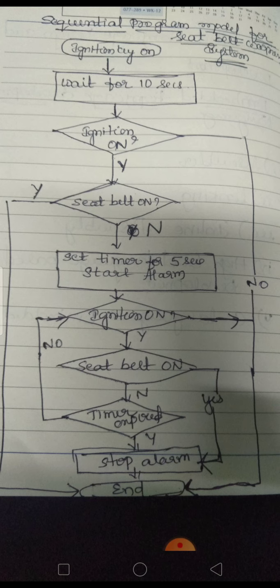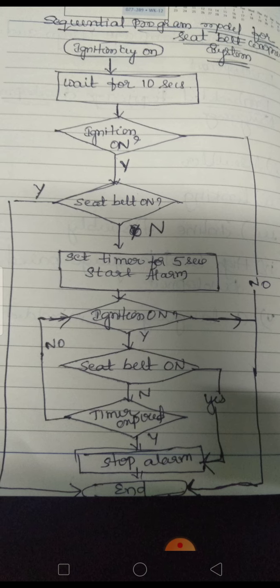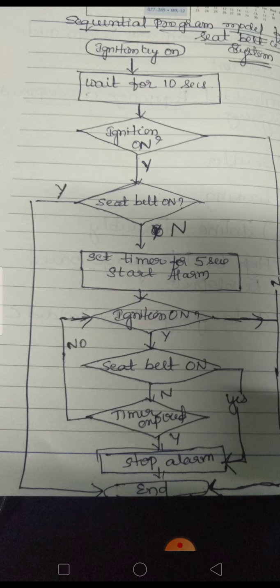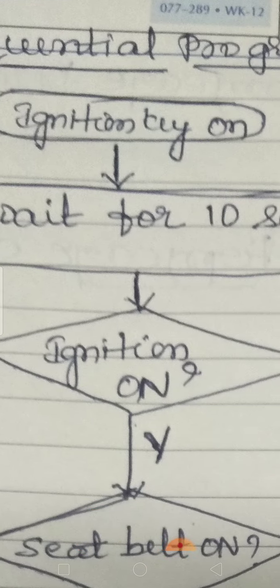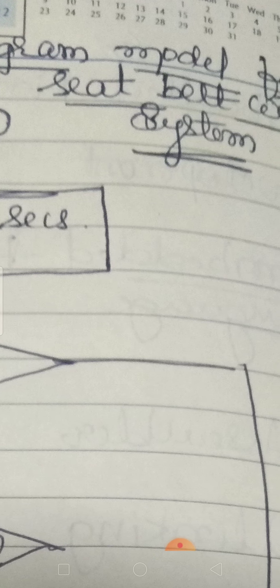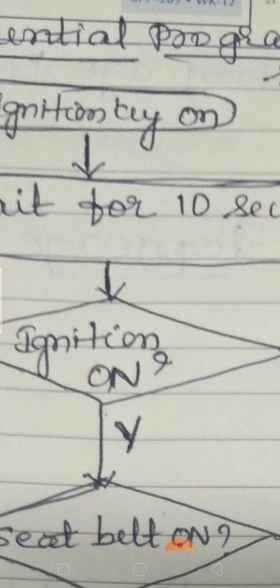Let us examine how we can implement the seat belt warning system in the concurrent processing model. In simple terms, this diagram represents the seat belt warning system in the concurrent processing model. First, ignition key is on. On top I have written sequential programming model. Ignition key is on. Next, you wait for 10 seconds.